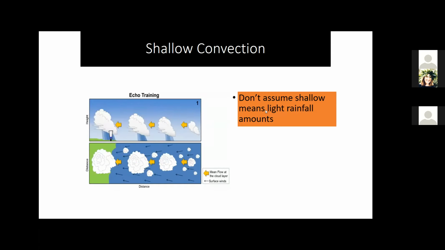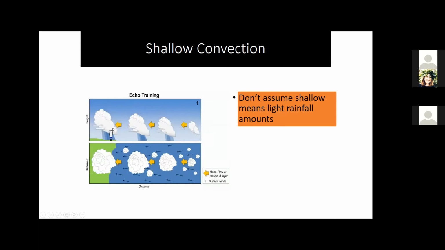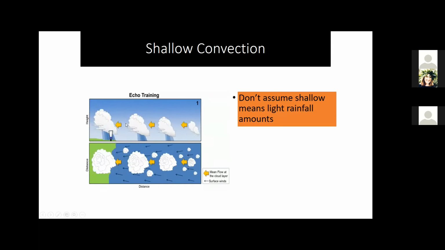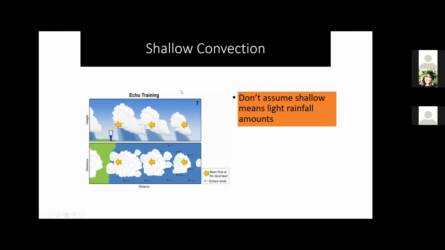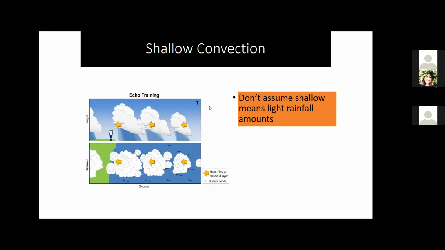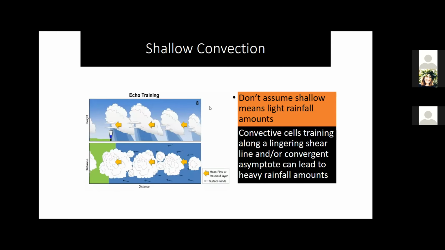Each one of the individual cells doesn't produce that much rainfall, but when they start training into a particular location over time, the amount of precipitation can be fairly intense. So please keep that in mind when making your forecast. Don't just assume that because you're dealing with shallow convective development, you're not going to get heavy rainfall amounts.